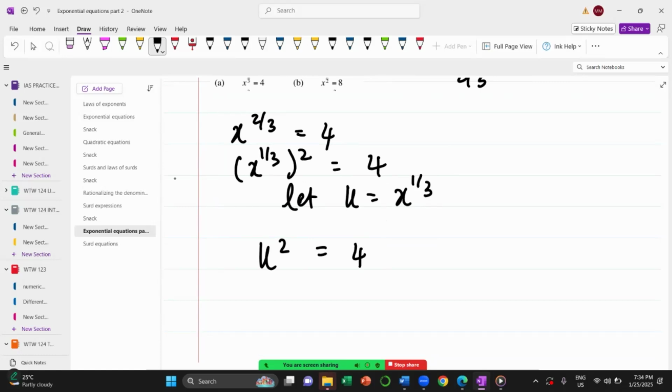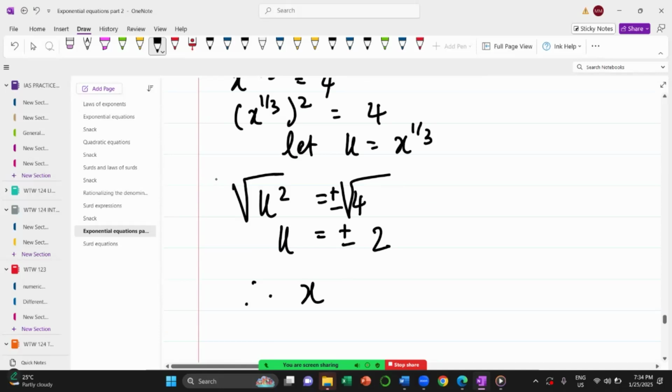I have something squared, so if I want to find this value, I'm going to have to put it in a square root, and this side is going to be plus or minus, right? So I'm going to have k is equal to plus or minus what? 2. Are you guys okay? Yes, sir.